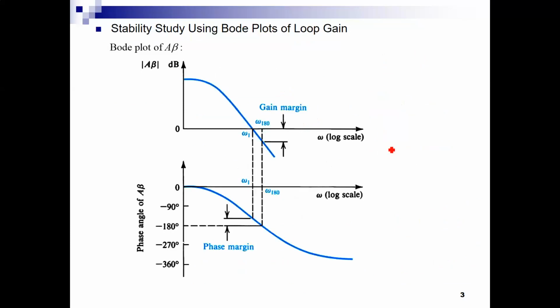Let us on this slide introduce the definitions. Okay. The definitions are as follows. I can plot the product A beta as a magnitude and a phase. I calculated it.